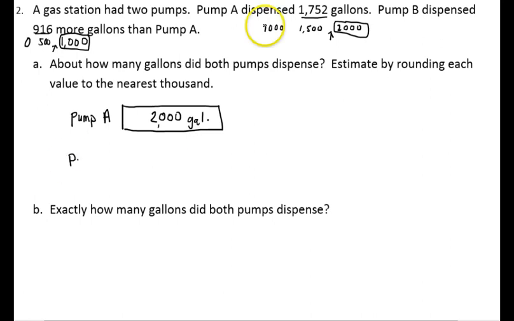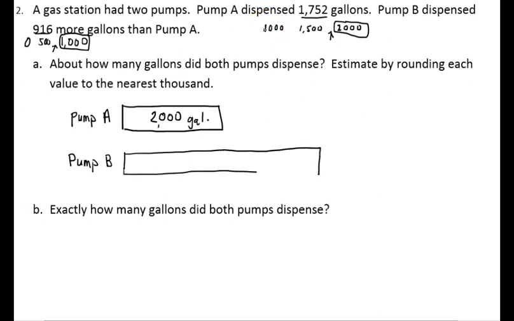And we have pump B. Now we don't know how many gallons pump B pumped, but we do know that it pumped the same amount as A and then about 1,000 gallons more. So the piece that sticks off past what pump A pumped is worth 1,000 gallons. If they pumped the same amount, that would have been 2,000 gallons.